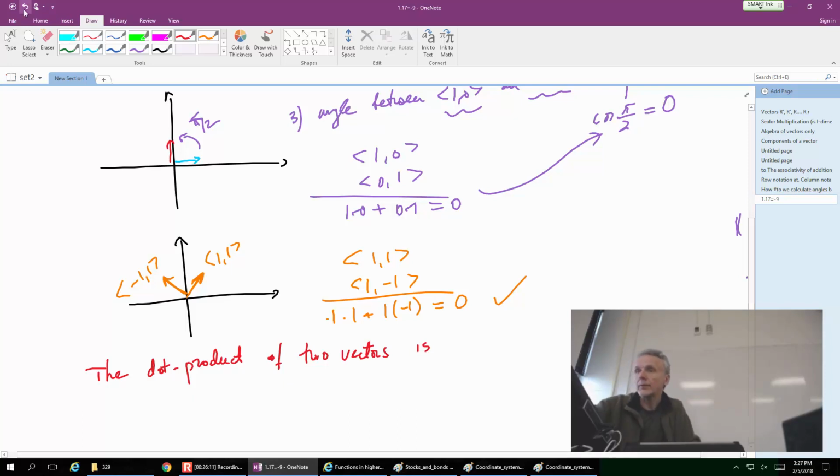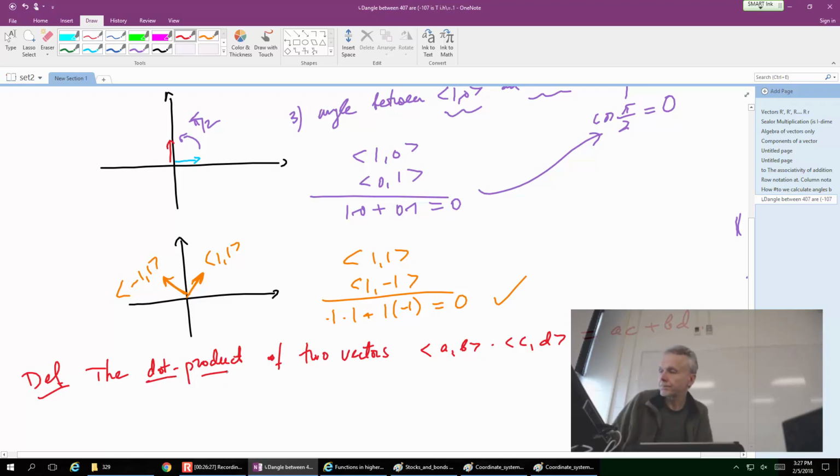So for vectors, say (A, B) dot (C, D) is AC plus BD. Once again, component-wise multiplication followed by addition. So it is not a vector.